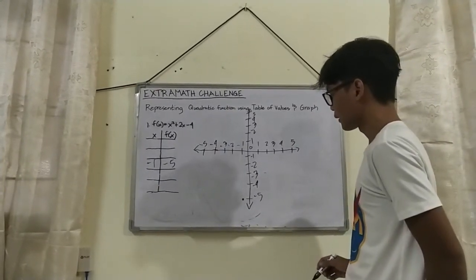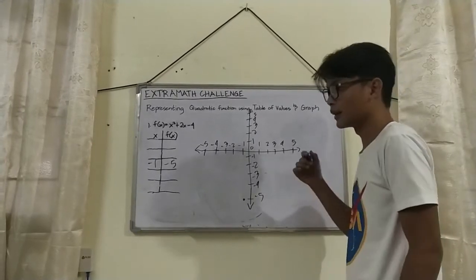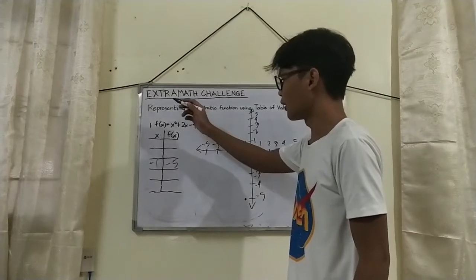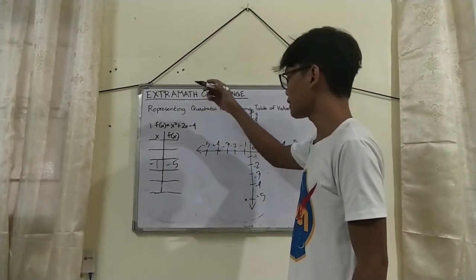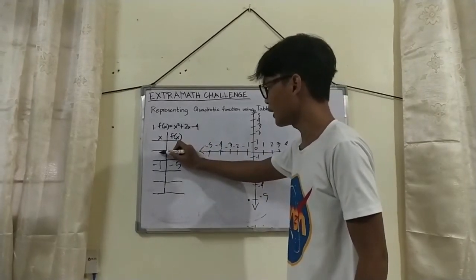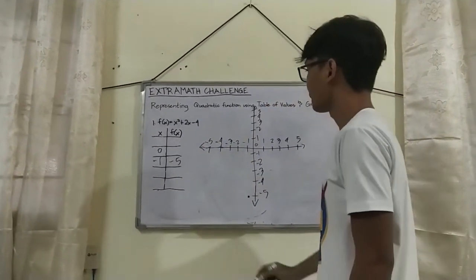In order to draw the parabola, we will need to find the other coordinates. To find the first coordinate, we will let x be 0.